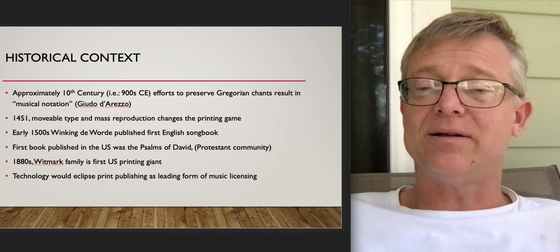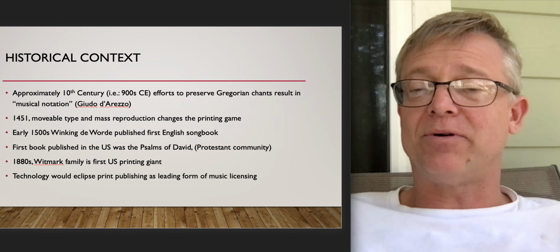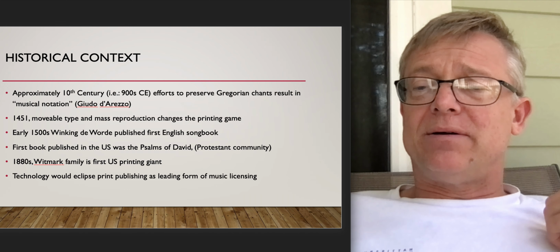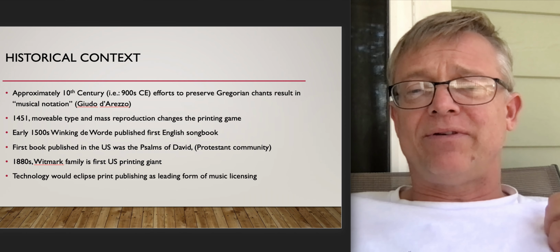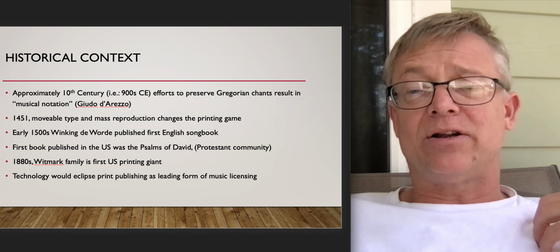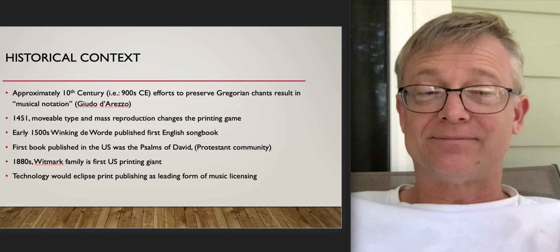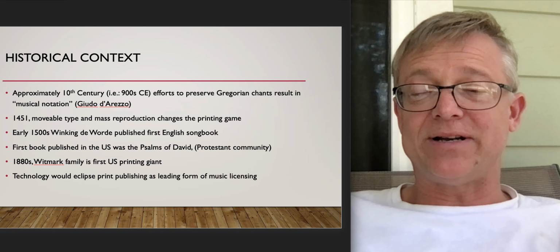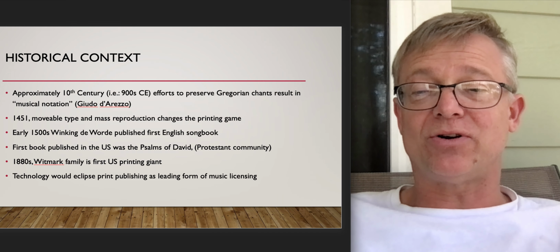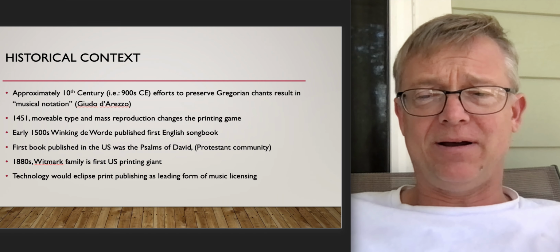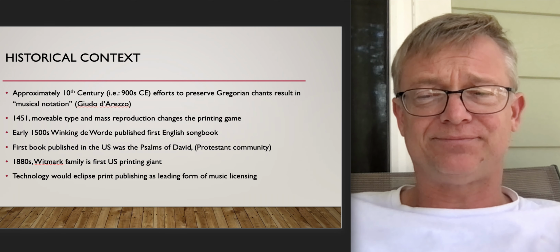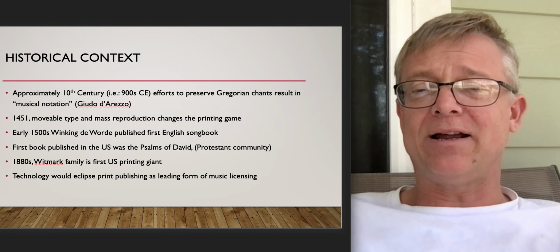That's the backstory on the printing press. Less than 100 years after, we've got the very first English songbook published by Winking de Word. You know, you get with 16th century names, I got no idea if that's like the publisher or a pen name of a person. Good old Winking de Word.